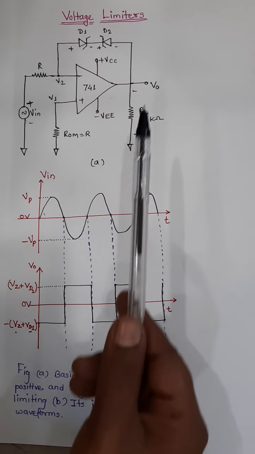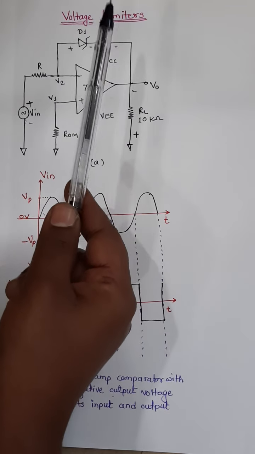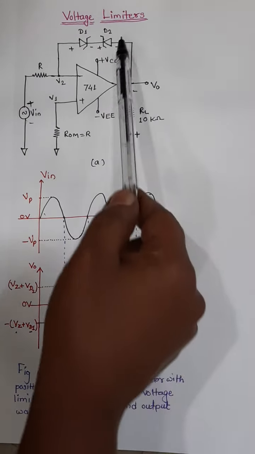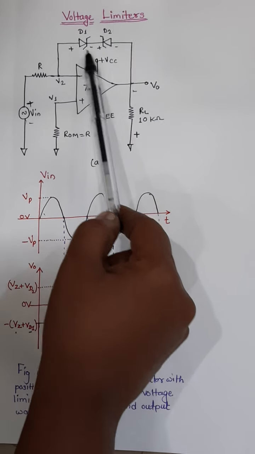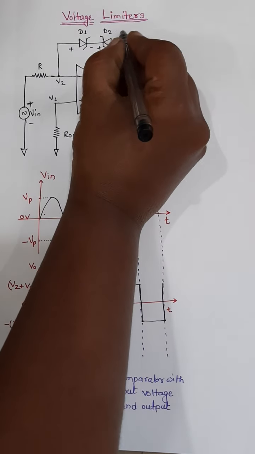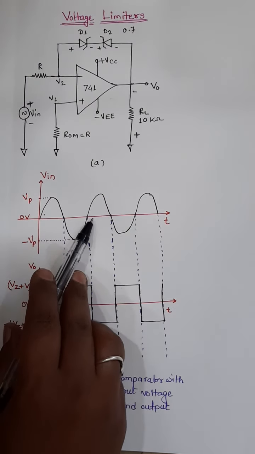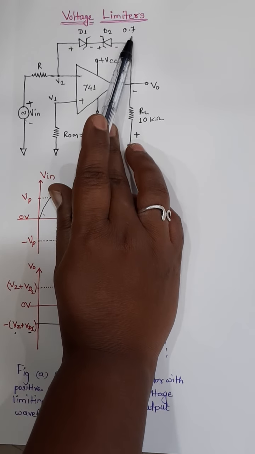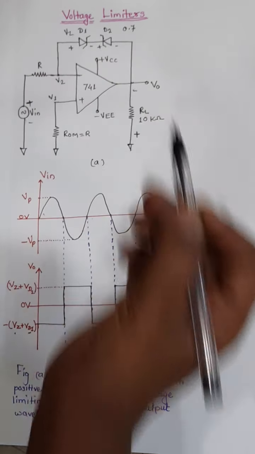So what is the output voltage? The output voltage is the voltage drop across D1 and D2. The voltage drop across D2 during the negative half cycle is that of a simple diode, so 0.7 will be the voltage drop here. When the input is in the negative half cycle, diode D2 is forward biased, so it will have a voltage drop of 0.7, and D1 will have a voltage drop of VZ.